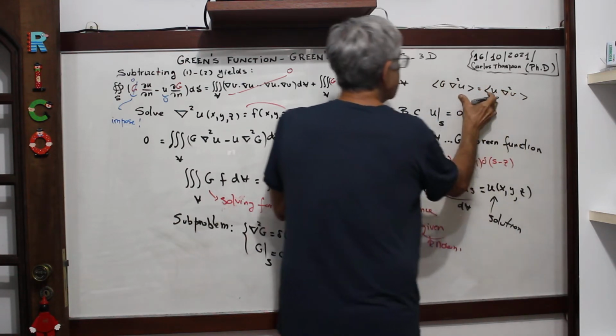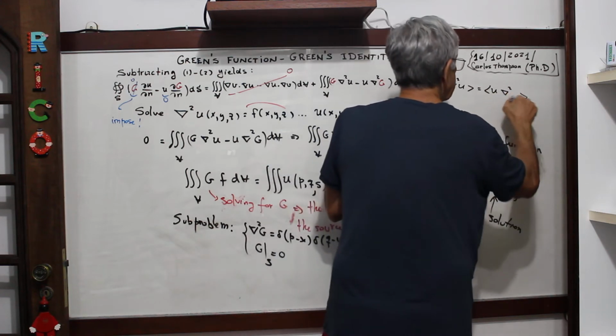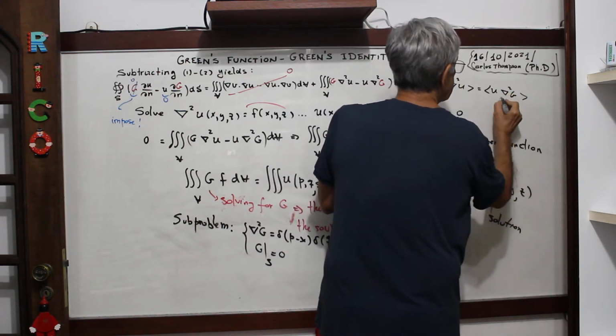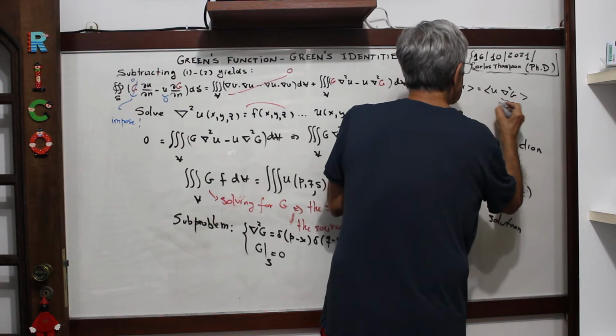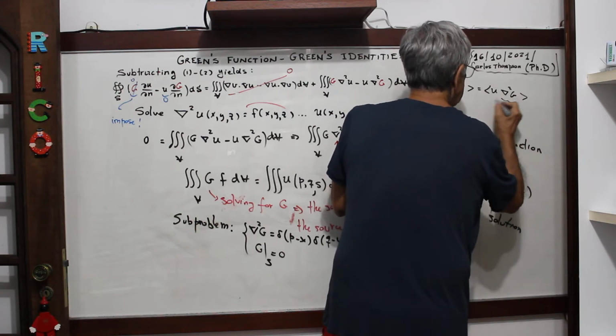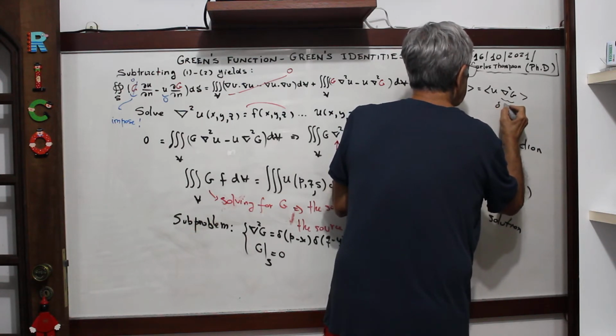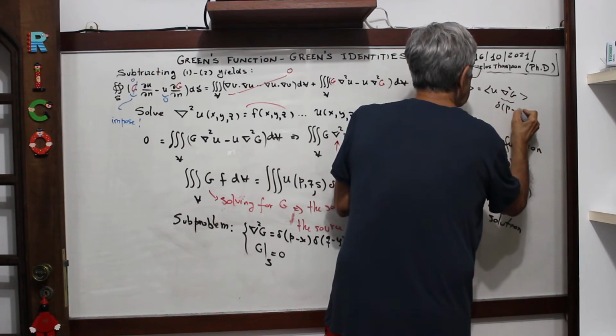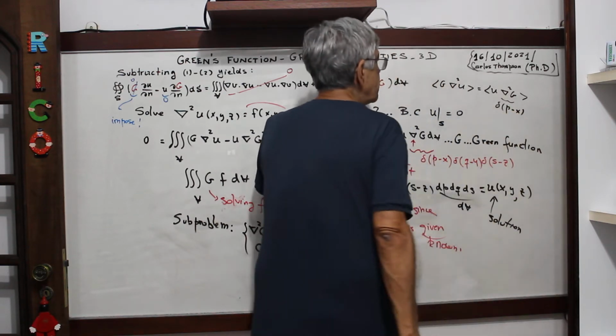That's what I did before, this is instead of VG. Then here, for one dimension, I related a sub-problem as delta, for one dimension.